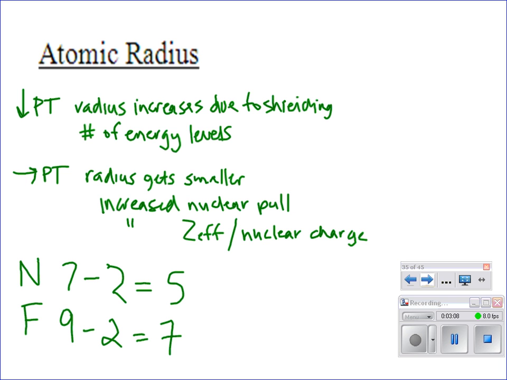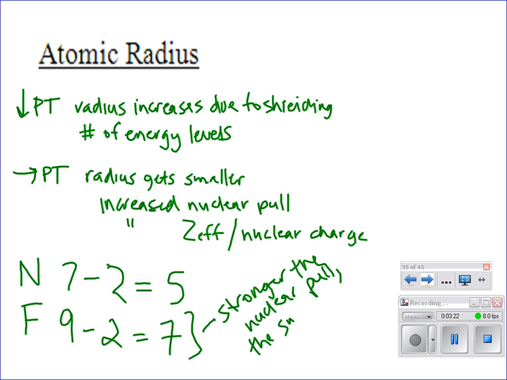The larger the Z effective, the stronger the nuclear pull, therefore the smaller the atom. Again, you do not need to calculate this if you don't want to. That's just for those of you who like numbers and like equations. That would be a way to prove an atom is smaller than another when you're within the same period.